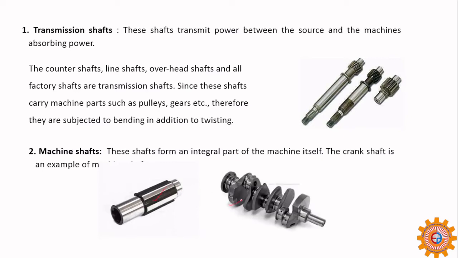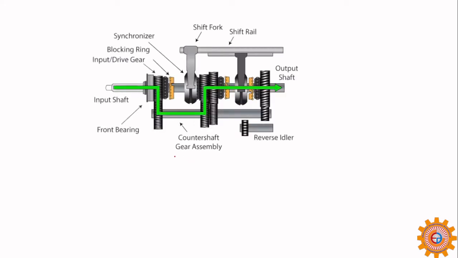Next, you can also see this one. This is the arrangement of gears through shafts in a gearbox that is used for transmission of power. This we call the input shaft, and this is the output shaft, and these two combinations are counter shafts.